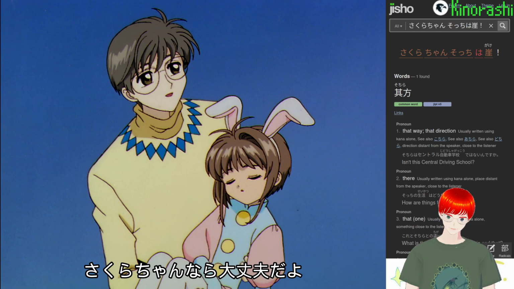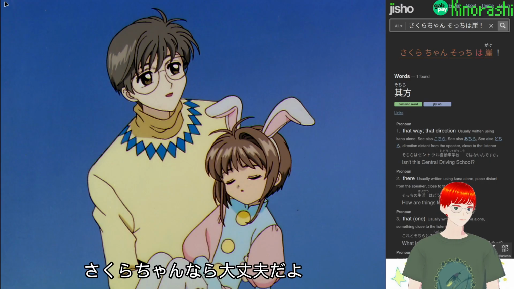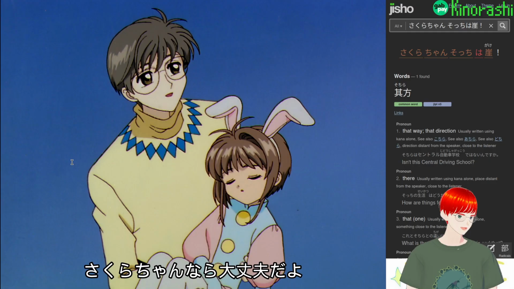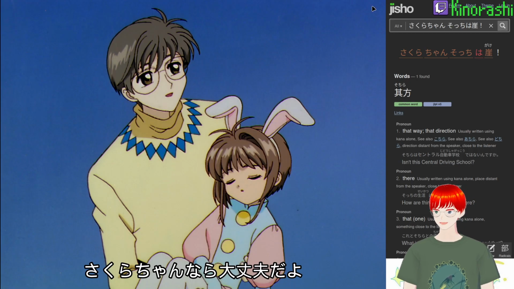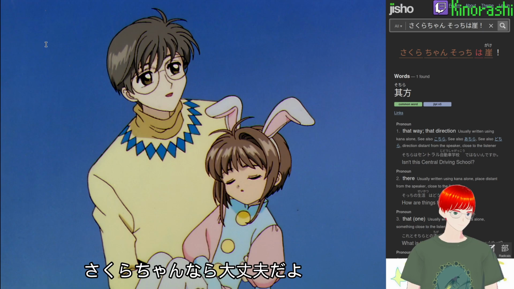So if it's Sakura-chan, alright. To be alright. So Sakura-chan's alright, essentially. I wonder why he said it that way. Sakura-chan will be fine. Okay, I guess that's a way of saying if it's Sakura-chan, they'll be fine. In other words, they will be fine.